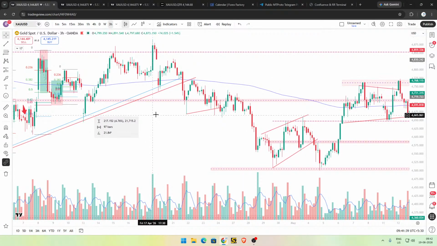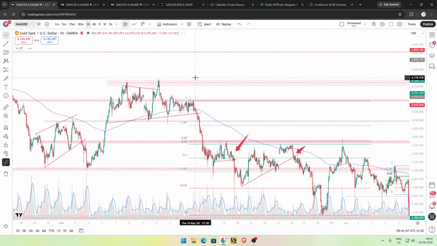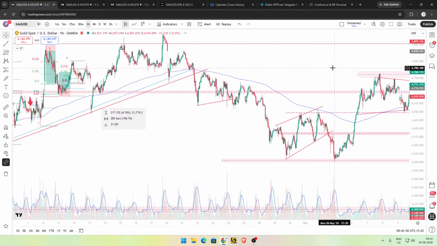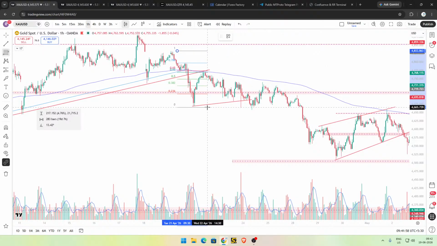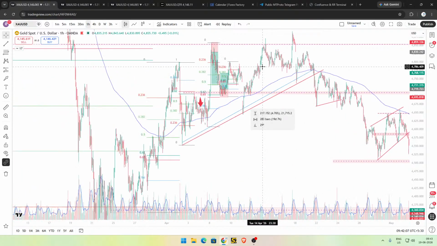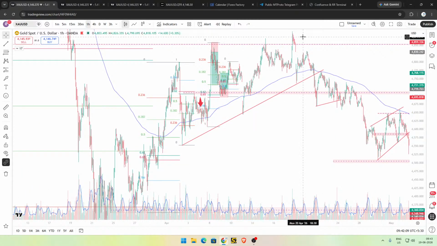So 100, see, it is above the 200 moving average. And also another thing is, so let's get back to 1 hour time frame. So that was the one thing, and for the Fibonacci part, it acted very nicely because of the 200 EMA as a support. So that is one another thing.